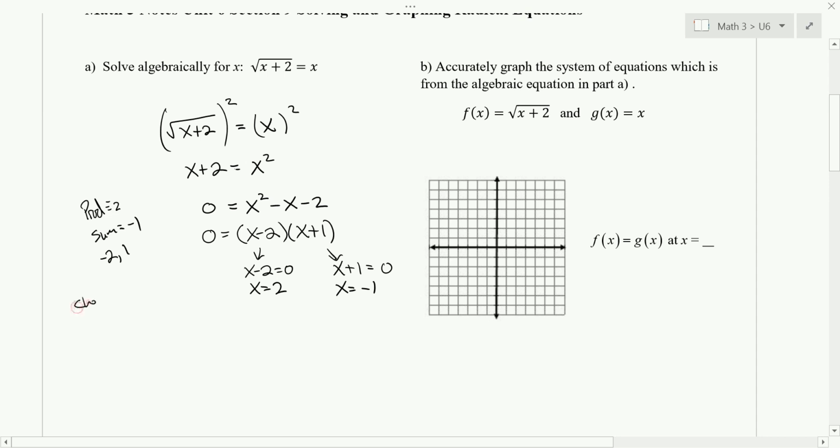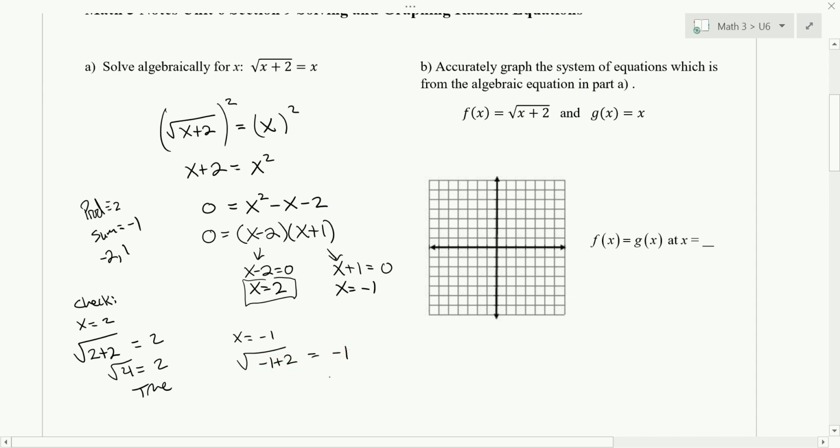So when we check this, if x is 2, we get the square root of 2 plus 2, and then say that's equal to 2. Is that true? So we get to keep that one. And then if you try x equals -1, you get the square root of -1 plus 2 equals -1.